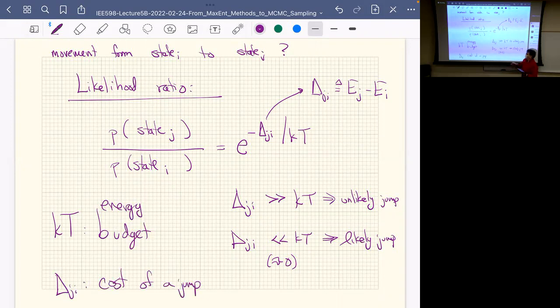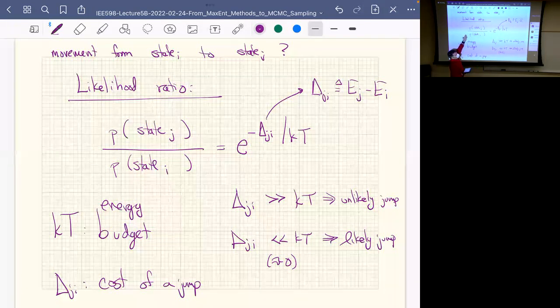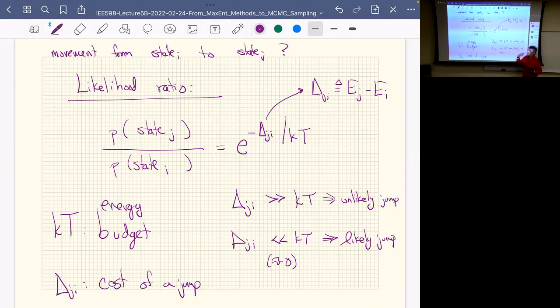All right, and so this ends up becoming important to the first class of algorithms. This ends up becoming the main driver for the first algorithm that was developed to simulate microstate evolution at thermal equilibrium.